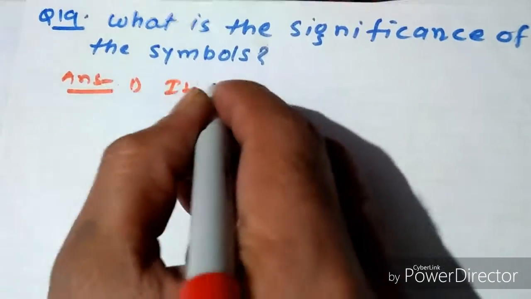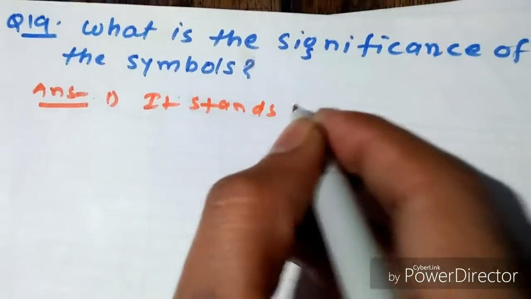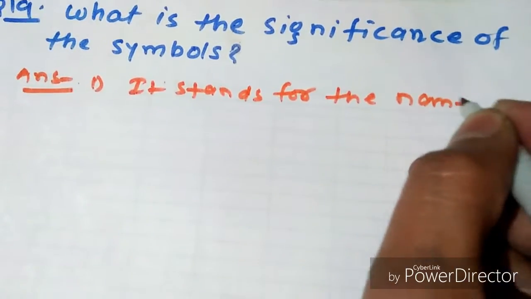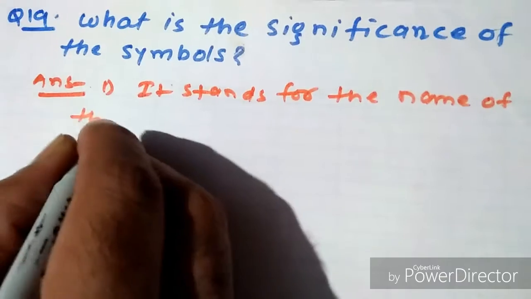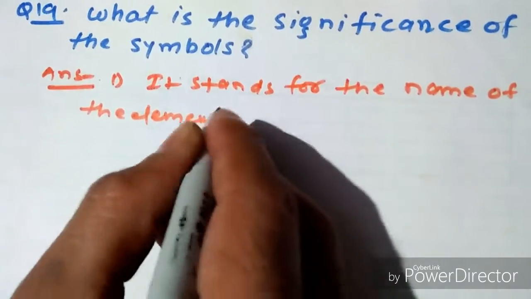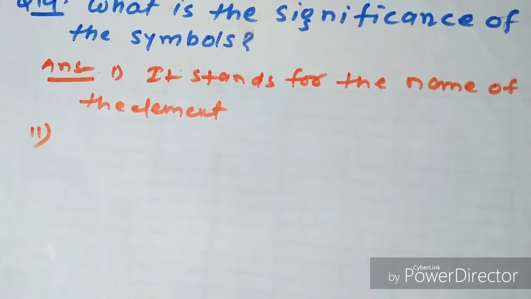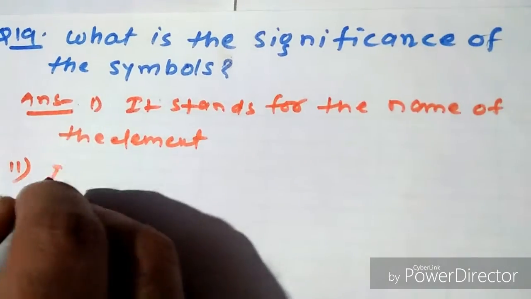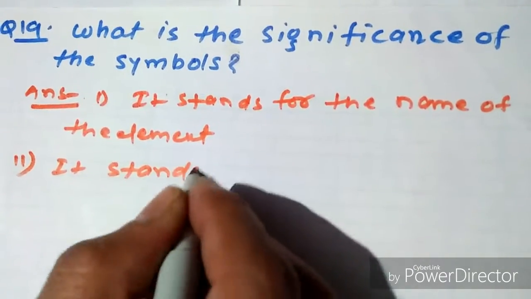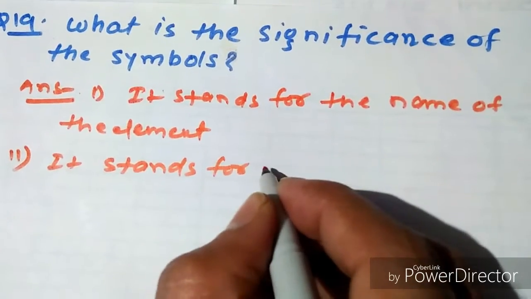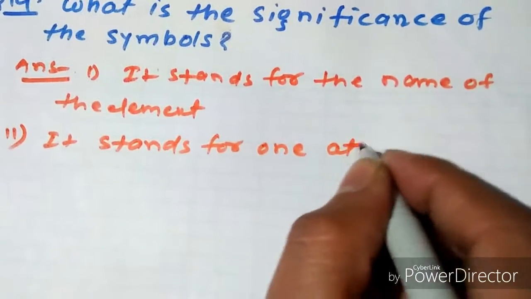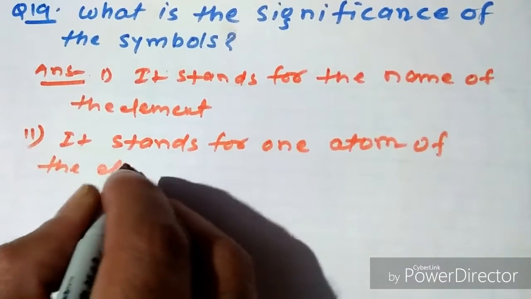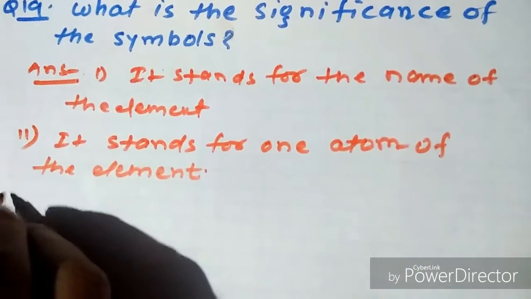Number one, it stands for the name of the element. Second, it stands for one atom of the element.